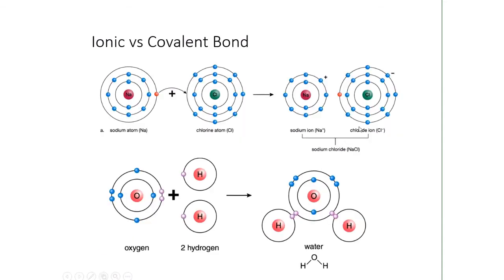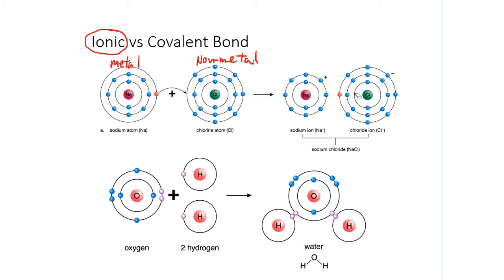So how do atoms come together to form molecules? Well, there are 2 ways to do it. We can have a metal combining with a non-metal. Metal atoms tend to lose electrons to become more stable, whereas non-metals tend to gain electrons to become more stable. So when you have a metal and a non-metal coming together, the metal will transfer the electron to the non-metal, and in doing so, they form something called an ionic bond.